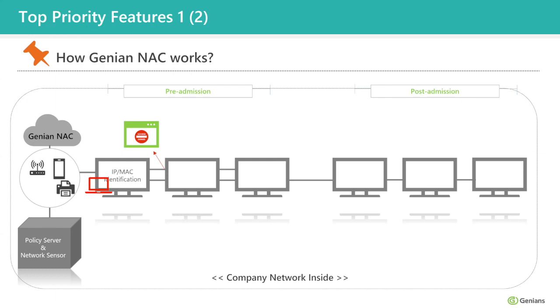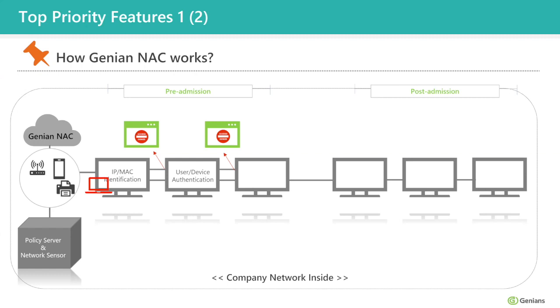However, if the device's IP and MAC are authorized, Genian NAC matches them with its own user ID. We can call it user authentication. If there is no user information, Genian NAC lets these devices sign up to get a user ID.